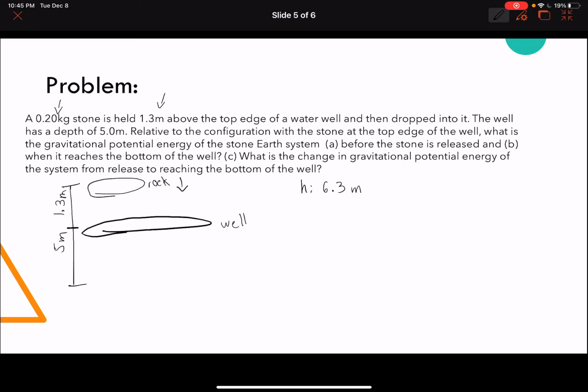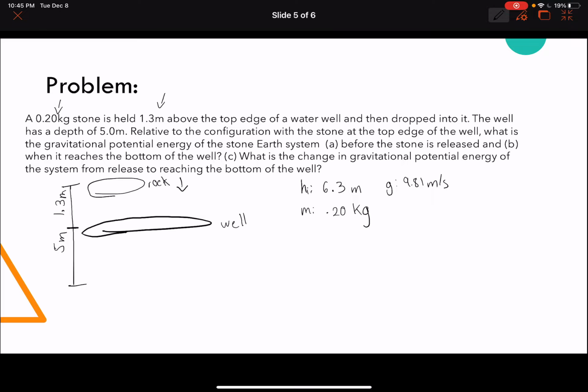So we're just going to call it H initial, right? And then our mass is going to be 0.20 kilograms, right? And then our gravity is just a constant, 9.81 meters per second squared.